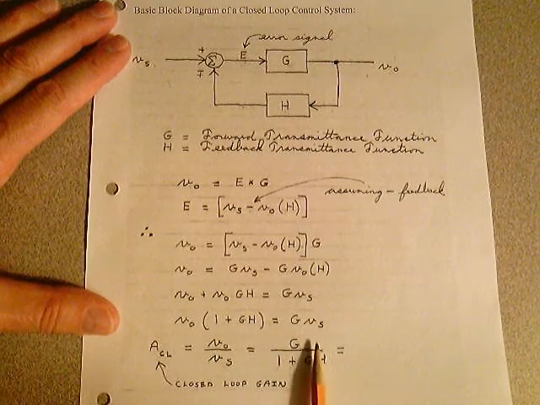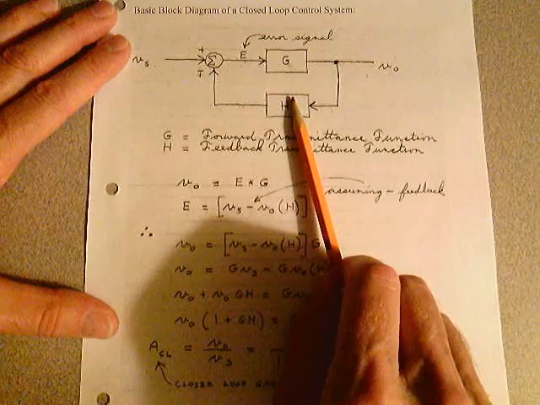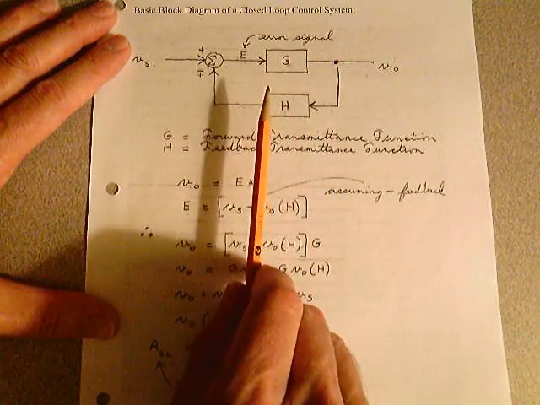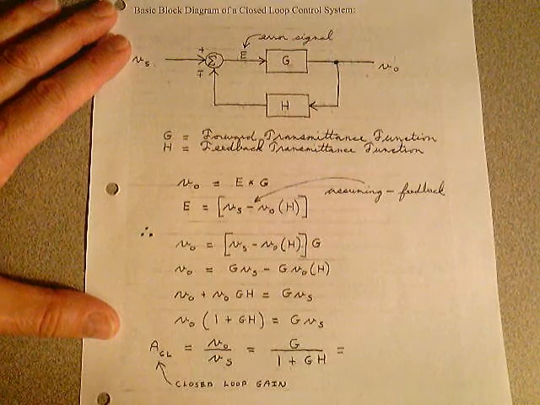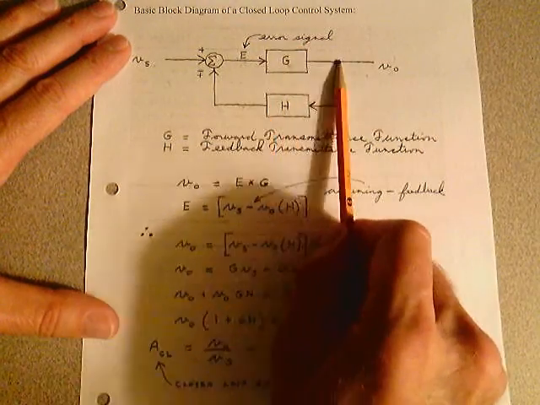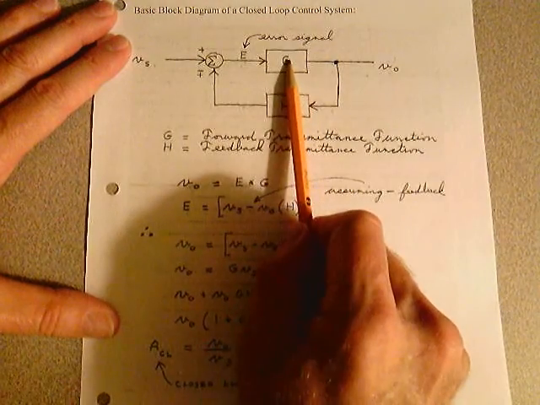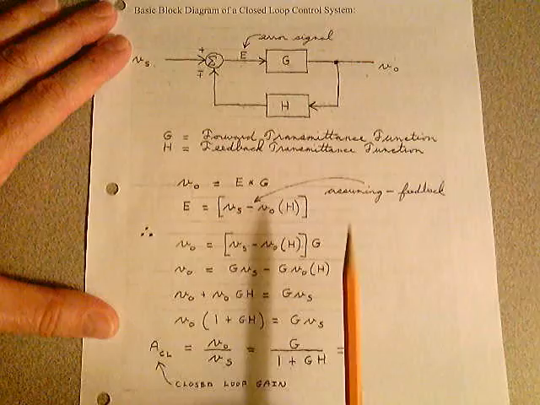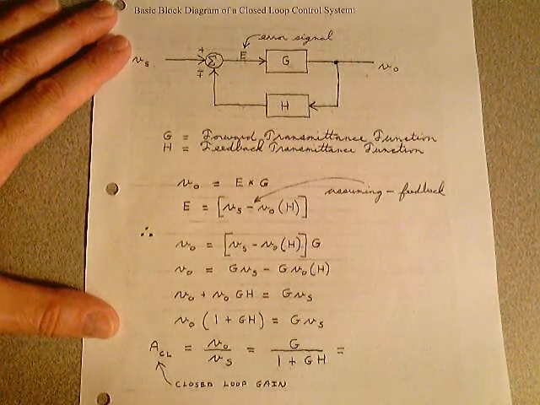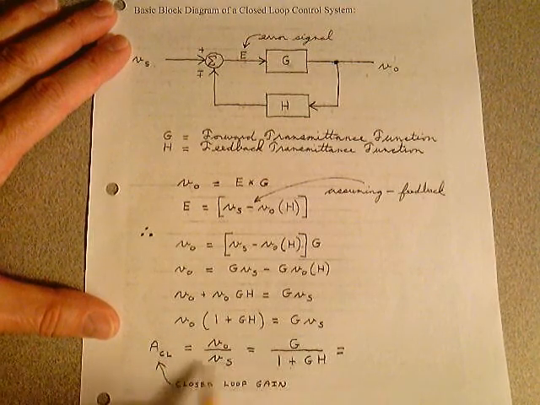In other words, the electrical engineer knows on this block diagram, because it's very, very popular, and like I said, you're going to see it a little bit in this course, but you're going to see it a lot in future control classes. It's G, this open loop gain, divided by 1 plus the open loop gain times this feedback factor H. What engineers do is they look at this and say, what is this equation really telling you?